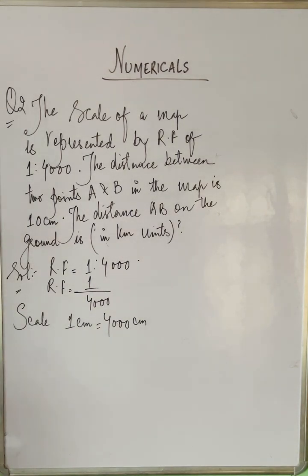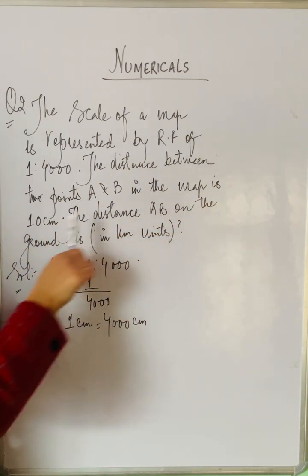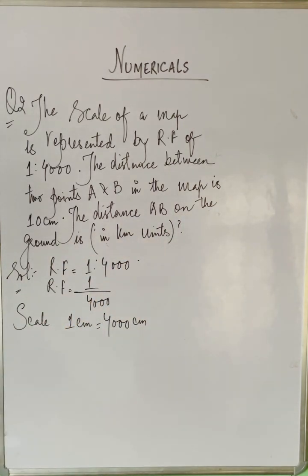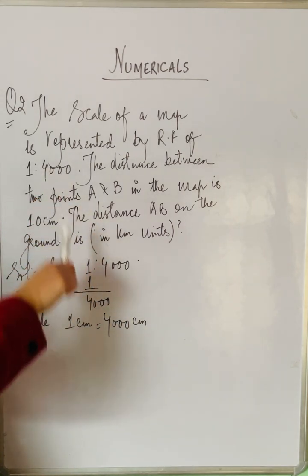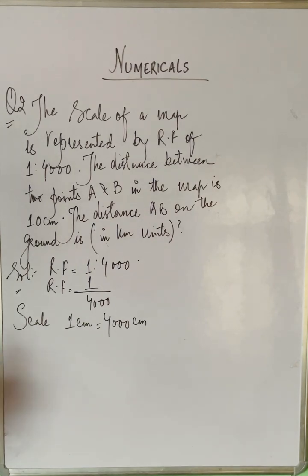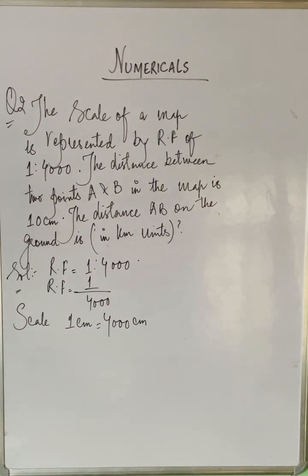What do we mean by scale? Scale is a ratio that every distance on the map bears to the corresponding distance on the ground. Here, every 1 centimeter represents 4000 centimeters on the ground.